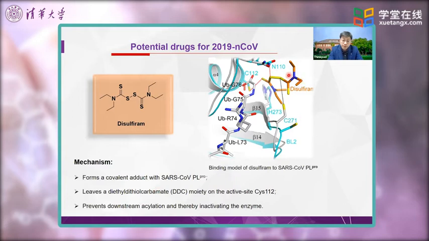We see here, it can form a covalent adduct with the PL protease. It will form a diethyl dithiocarbamate moiety on the active site cysteine here. Then it can prevent downstream acylation and thereby inactivate the enzyme.